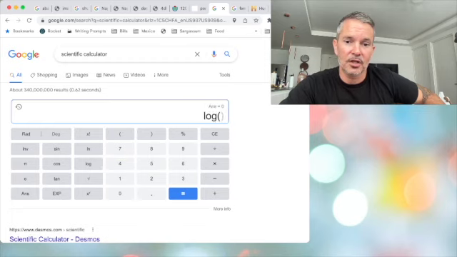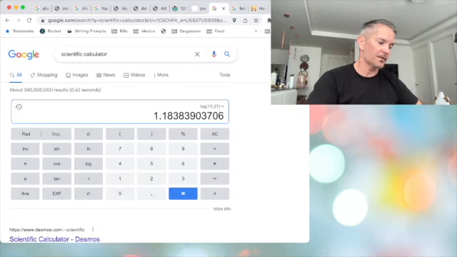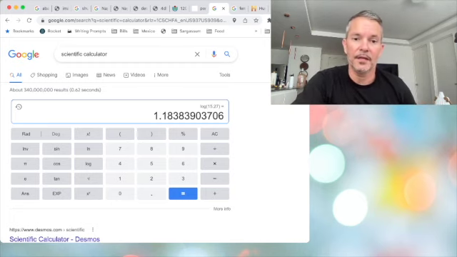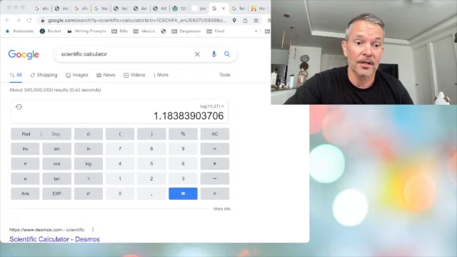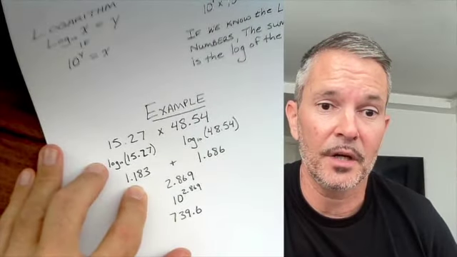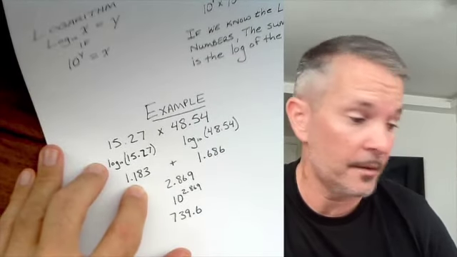I'm going to take the log of 15.27 and say it equals 1.183. So in my example, I'm just going to write down 1.183.